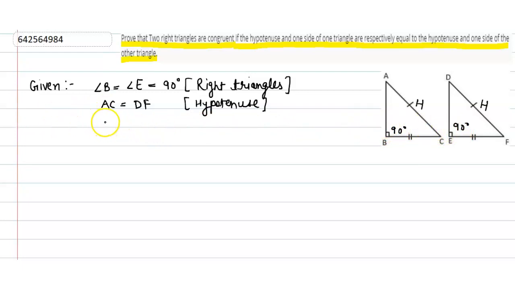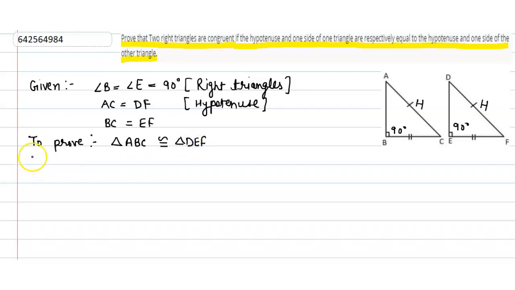Now the third thing is BC is equal to EF. It is also given in the theorem that any one side of the triangle is equal. So I have taken BC and EF. Okay. Now the next thing is what we have to prove. To prove that triangle ABC is congruent to triangle DEF.